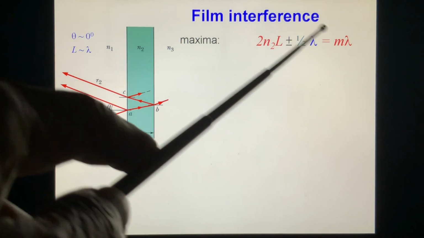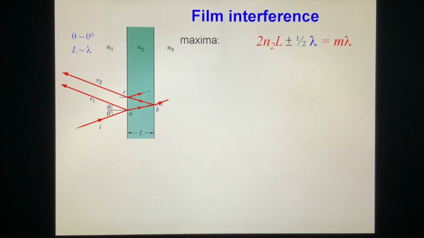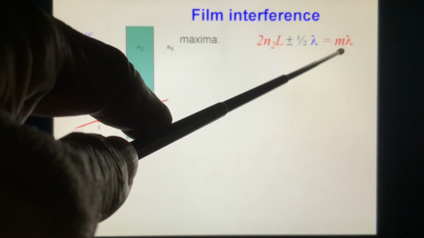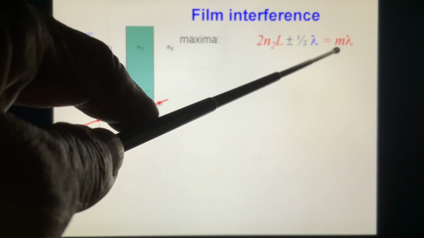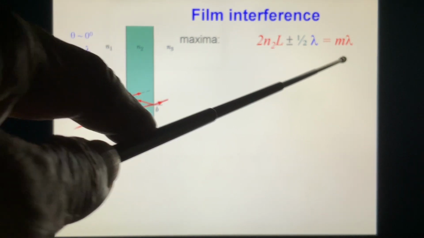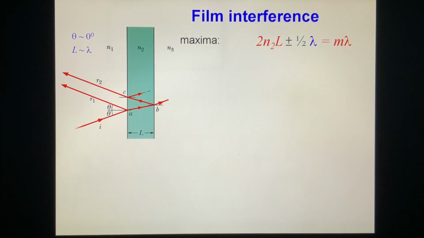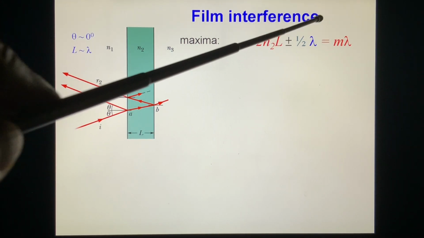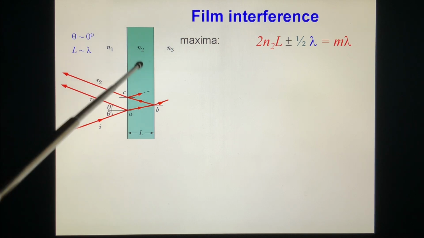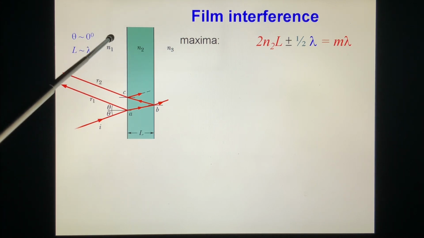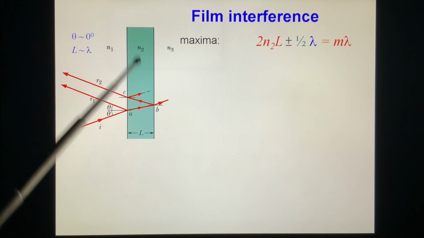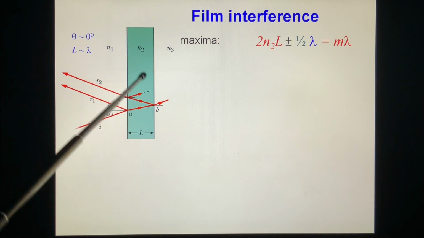If the total difference is an integral number of wavelengths, this is a maximum. You get it? The maximum is 2nL plus one of them has half lambda. The situation is N2 either larger than N1 and N3 or smaller than N1 and N3. In this case, one of them has a phase change.